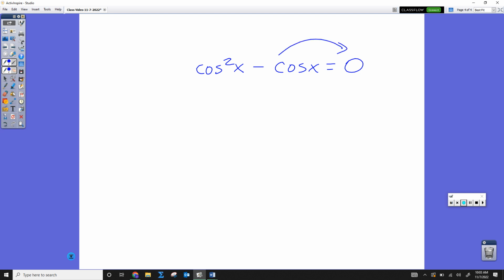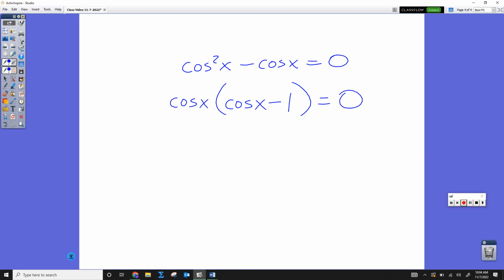We would not do that because you're going to end up dividing. If I did that, for instance, cosine squared of x equals cosine of x, and then you divide by cosine of x, you're dividing by a variable. And in algebra, we don't ever want to divide by a variable unless we know for sure that variable is not 0.